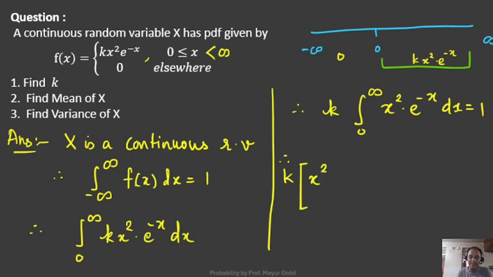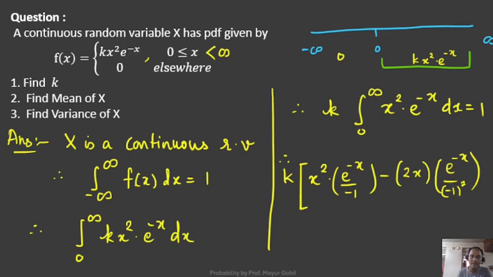So it is x squared into e raised to minus x over minus 1, minus 2x into e raised to minus x over minus 1 squared, and then plus 2 times e raised to minus x over minus 1 the whole cube. This is one of the advanced formulas of the UV rule that one needs to know. Now once we apply this UV rule, we plug in the limits.